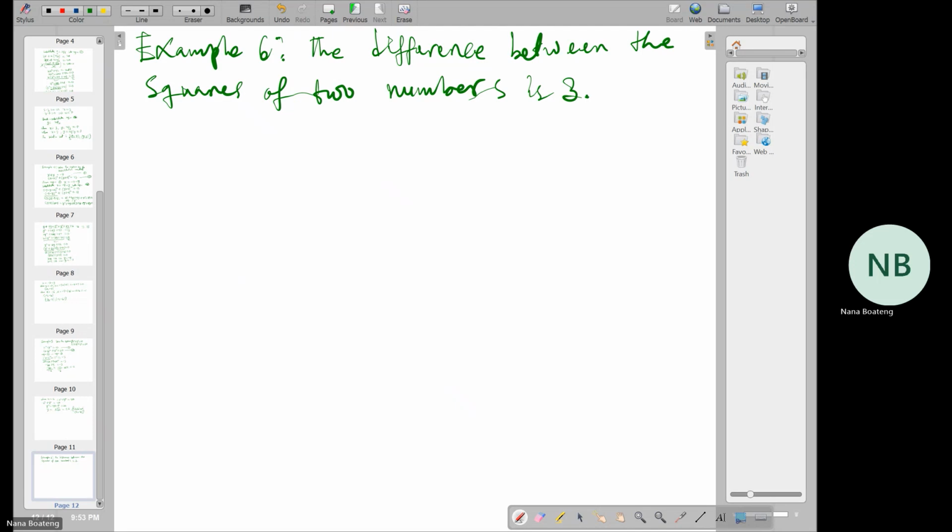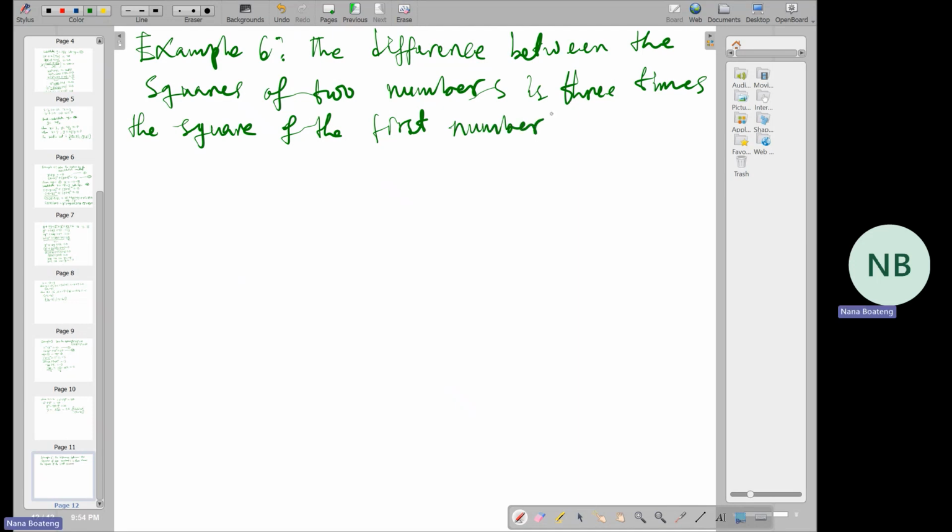Is 3 times the square of the first number, increased by the square of the second number.